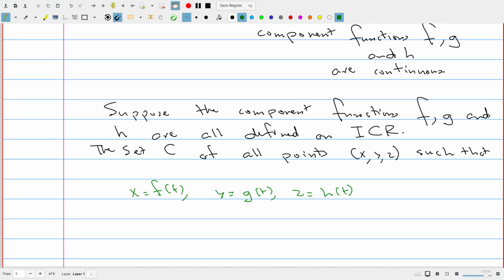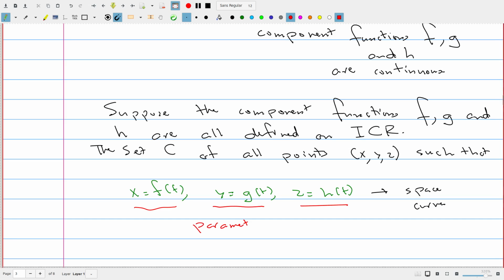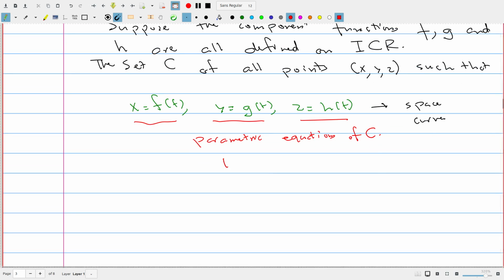This is known as a space curve. So C is a space curve. You're probably familiar with the fact that these are the parametric equations of C, and t is what is known as a parameter.